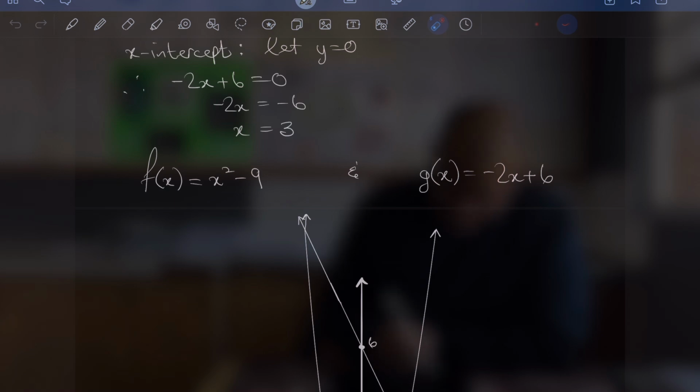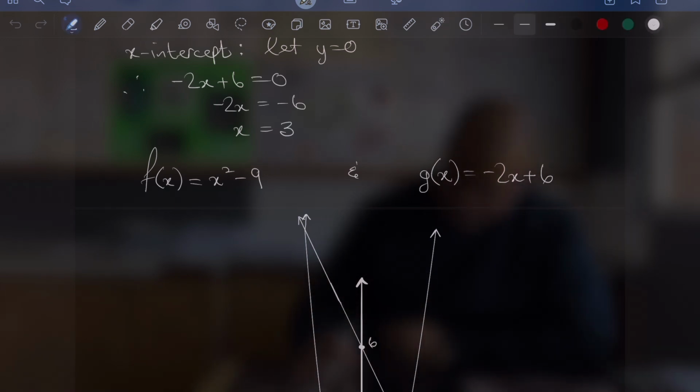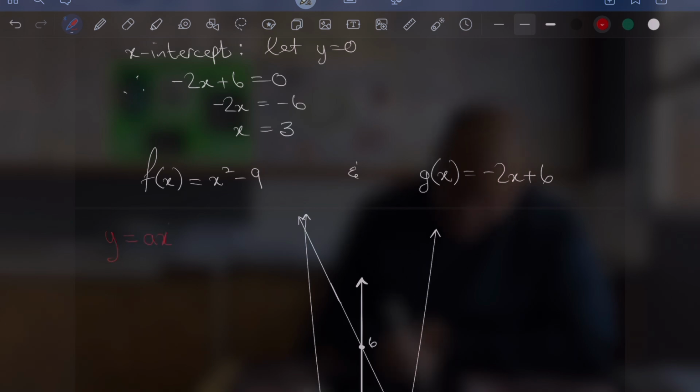For our parabola, like we said previously, because we have f of x, just a side note, I expect that if you're watching this video, you know that the standard form for a parabola, at least at grade 10 level, looks like that.